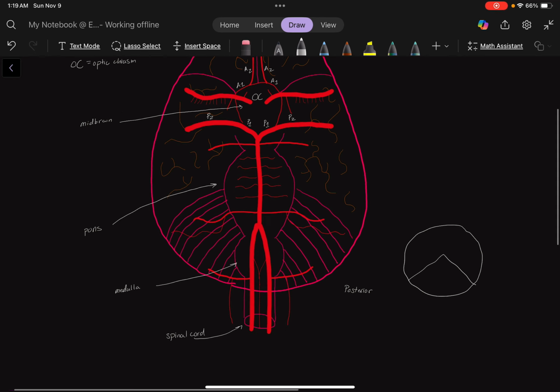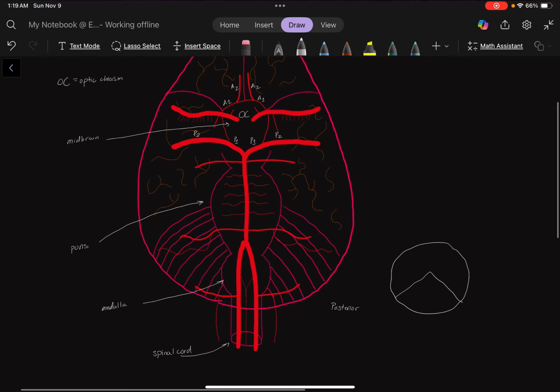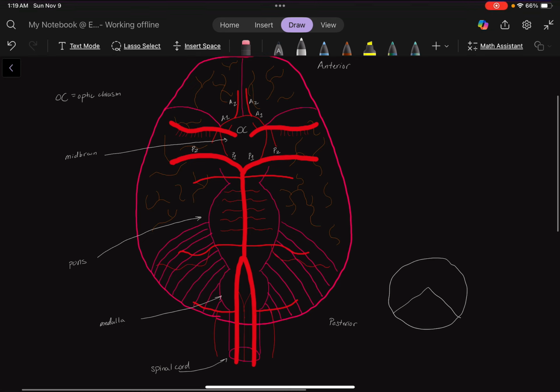Okay, so I usually like to start from the bottom and work my way up to the top. At the bottom here, we have these two really big arteries that we talked about. This would be your vertebral artery, okay? And this is a paired structure.